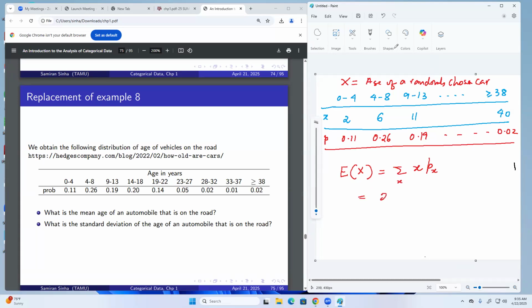The first one will be 2 times 0.11. Second one will be 6 times 0.26. So on and so forth. Plus the last one, I'm writing, is 40 times 0.42. This is how we calculate expectation or the mean age.